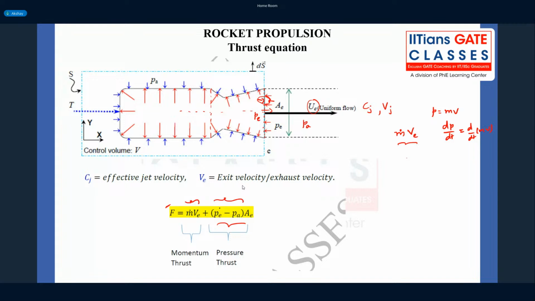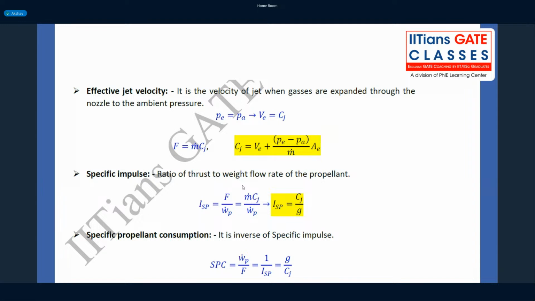And now we are going to define certain basic quantities that are usually used in rocket propulsion literature, such as the effective jet velocity. What is effective jet velocity? Just now we saw the thrust can be written as mass flow rate times exit plane velocity of the nozzle plus the pressure thrust.